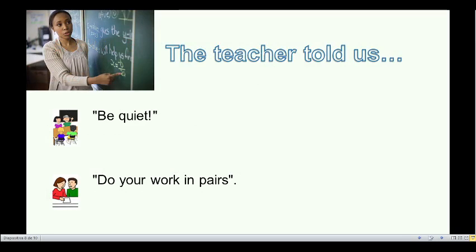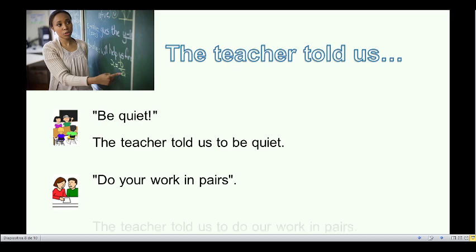The teacher told us. What did the teacher tell us? First one, be quiet. So, what is its reported speech? Okay, the teacher told us to be quiet. Very good. The next one, do your work in pairs. So the teacher told us what? Well, let's check the answer.